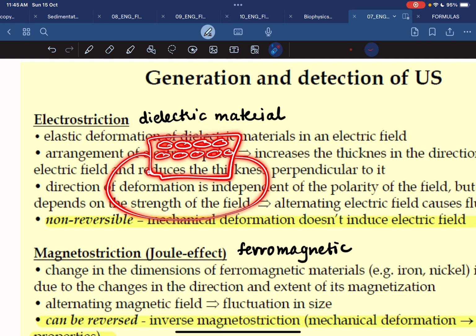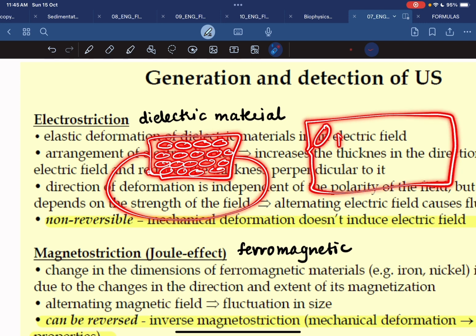Dielectric materials have dipoles in them. Usually the dipoles are spread out in weird formations all across the whole thing.